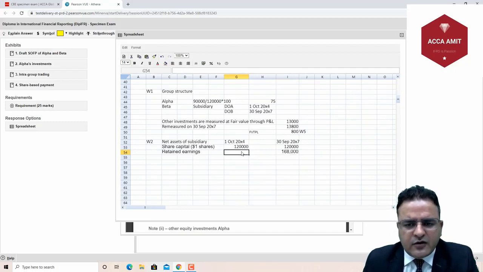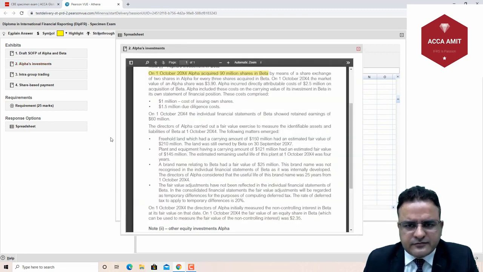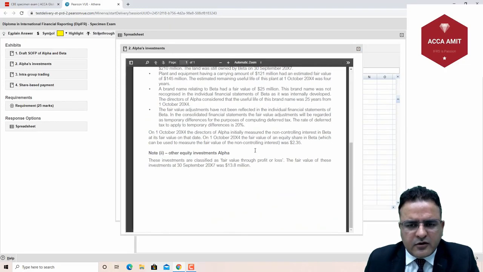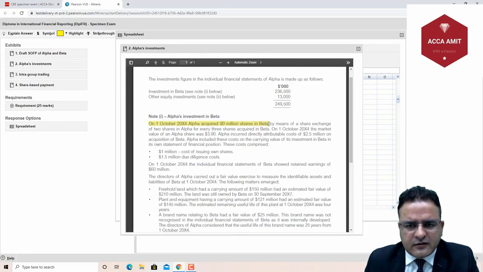How much is the value on date of acquisition, which we'll get from? This was acquired by means of a share exchange of 2 shares in Alpha for every 3 shares acquired in Beta. This information of 2 shares in Alpha for 3 shares in Beta we'll be needing in working note number 3.